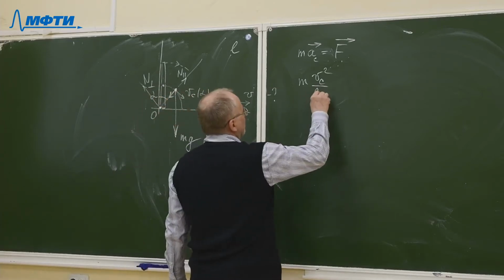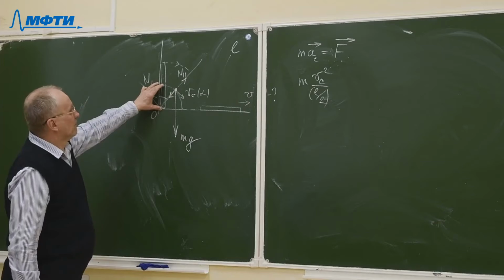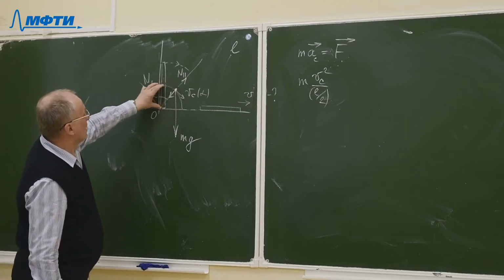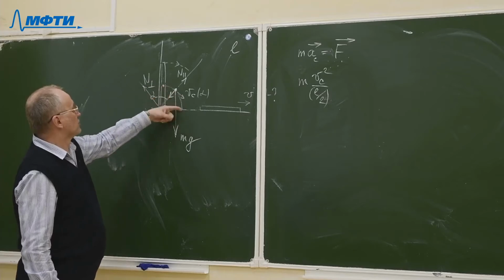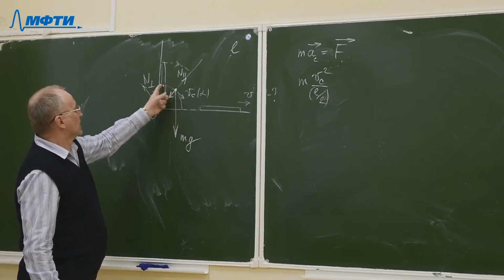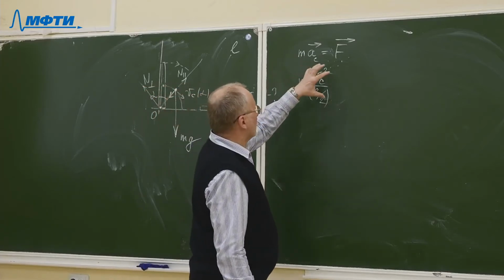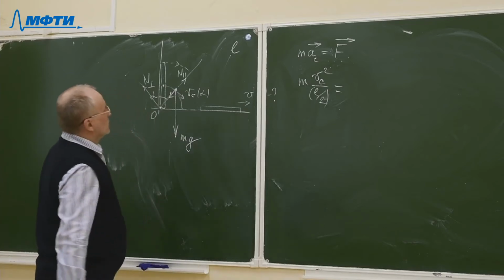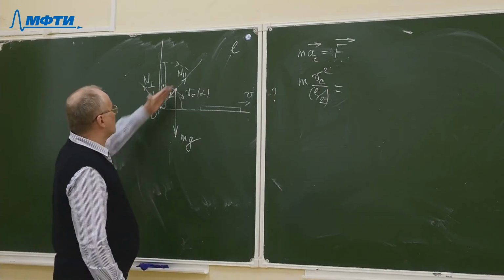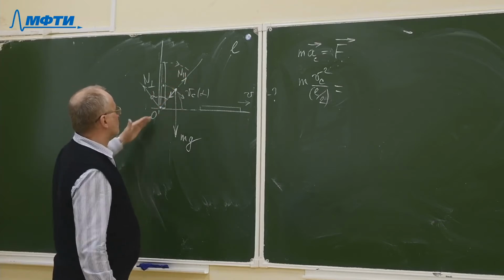So it will be divided by L over 2, half the length. That is the radius of this circular trajectory along which the center of mass of the plate moves. So that is the mass times centripetal acceleration, and that should be equal to the total force acting in this direction, parallel to the plate.